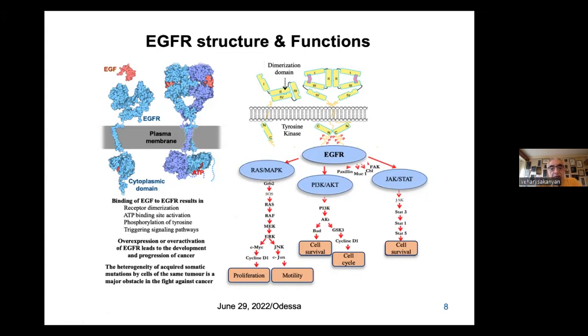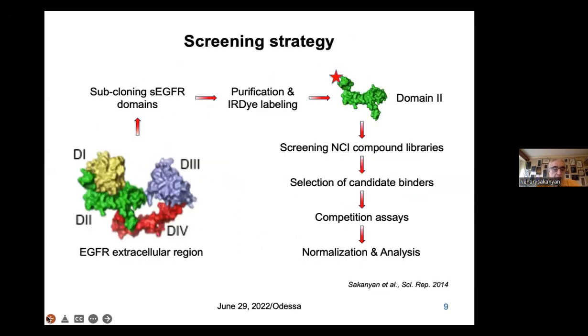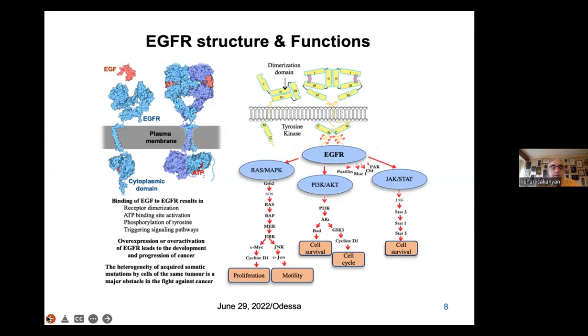The ATP binding site itself triggers the formation of phosphorylated amino acids, among which tyrosines play the most important role.